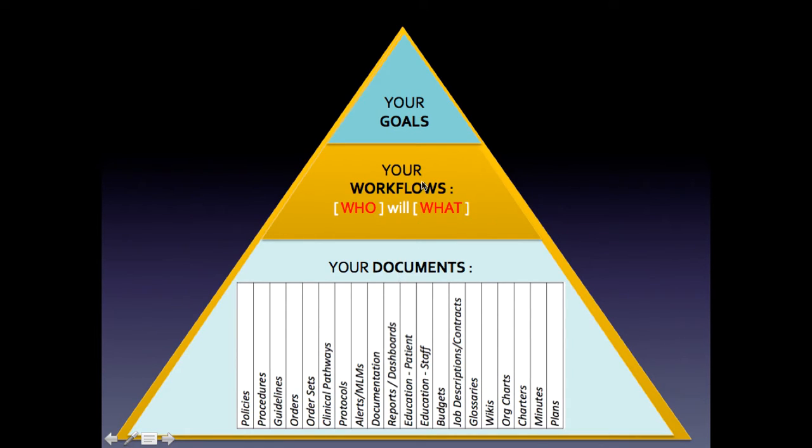Another way of thinking about it is with this pyramid. If you have goals, you want workflows to support your goals, and then you're going to want documents to support those workflows. And here they are again, almost like poles supporting a tent.